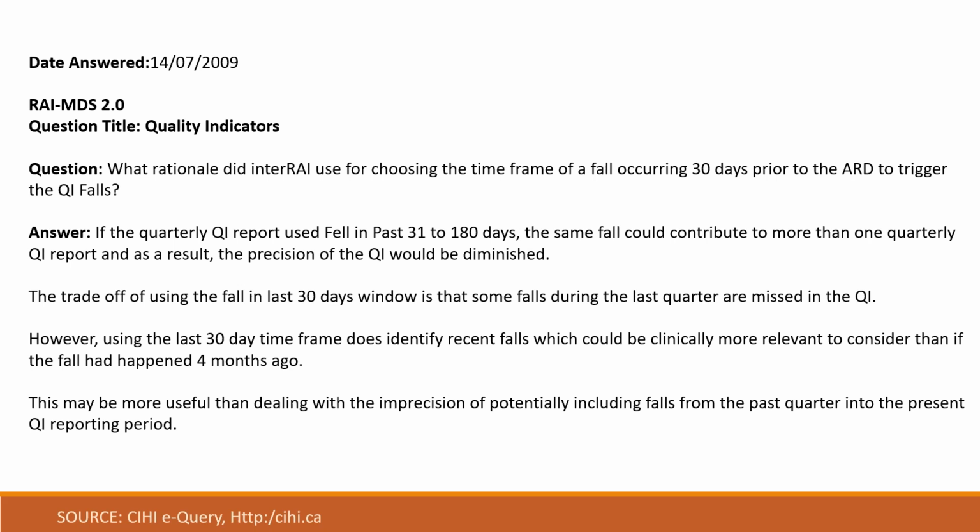We're going to see that we do use it when we're looking at the risk indicators. So falls 31 to 180 days ago are going to be a risk indicator in the RAPS, but they're not used as part of the quality indicator. Okay? So there are no exclusions other than the ones we mentioned when we came in.